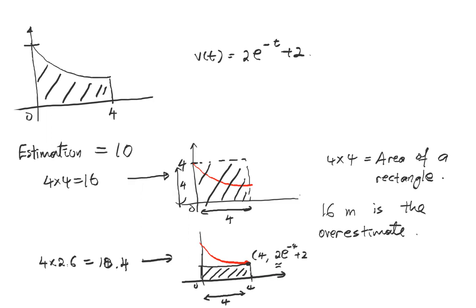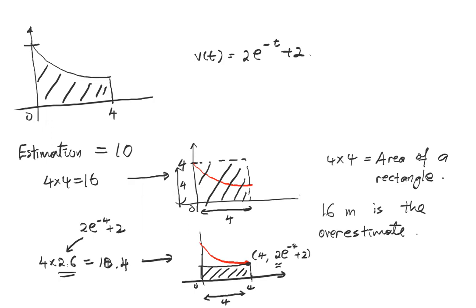Okay. So that's why you get this value, correct? This value is the approximate value of 2e to the power negative 4 plus 2. Am I right?